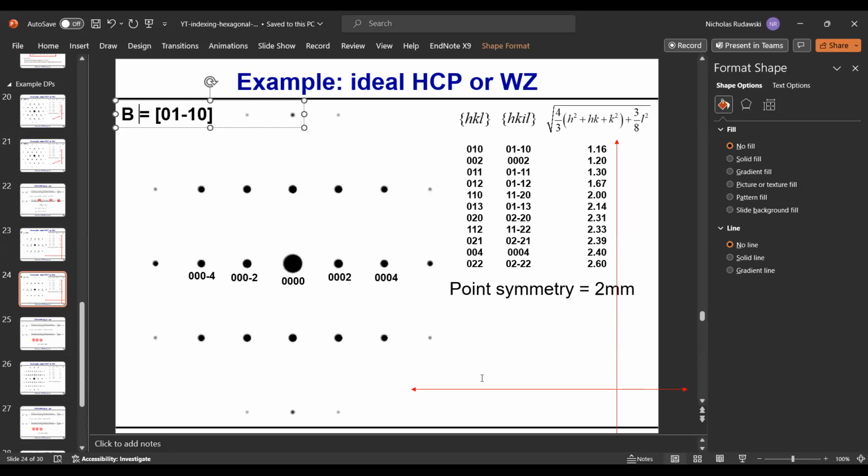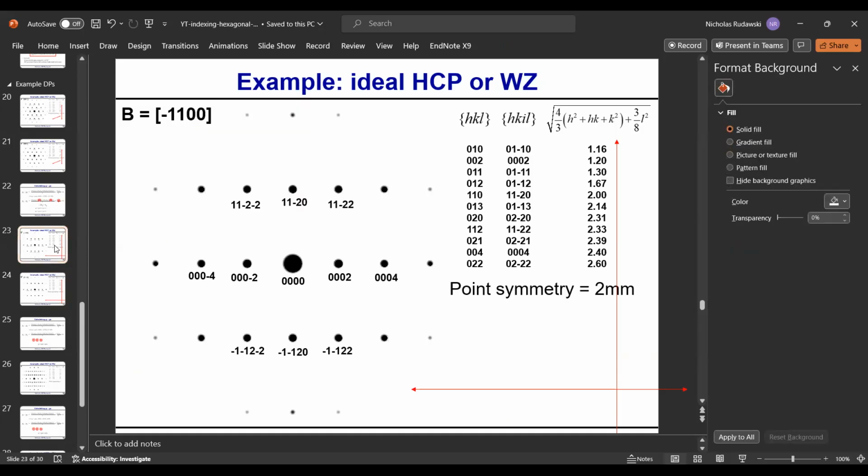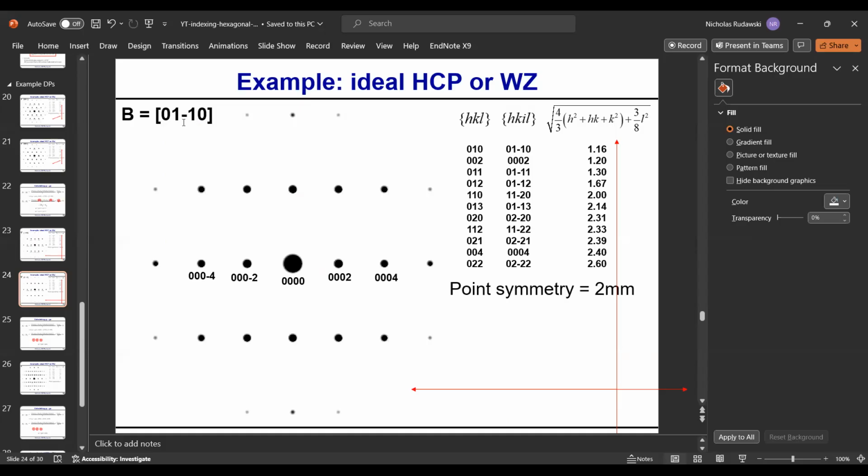Although I think I did something amiss here, because it shouldn't be, no, something's not right here. 0, 1, 1 bar 0. I shouldn't be getting a negative here. Did I put, oh, okay, my bad. Let me redo this again.